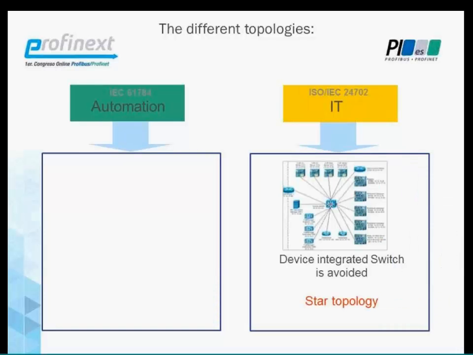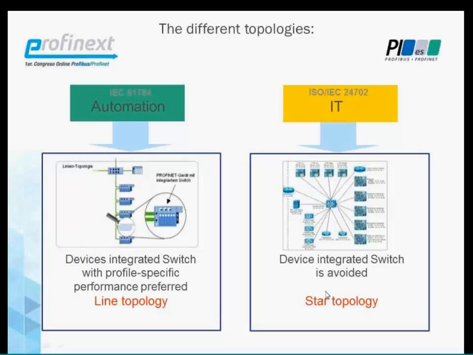For example, I think you all know that for typical LAN, local area network applications for Ethernet, you have typically the star topology, and you have a central switch, and from this central point you have the star to the devices.